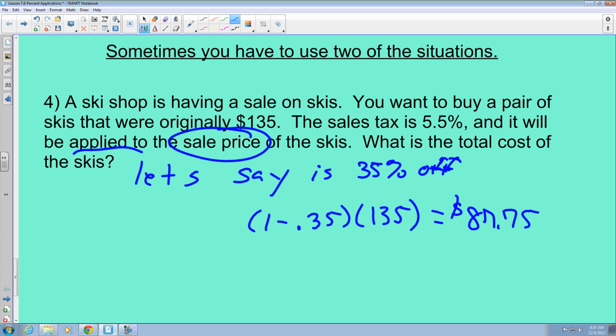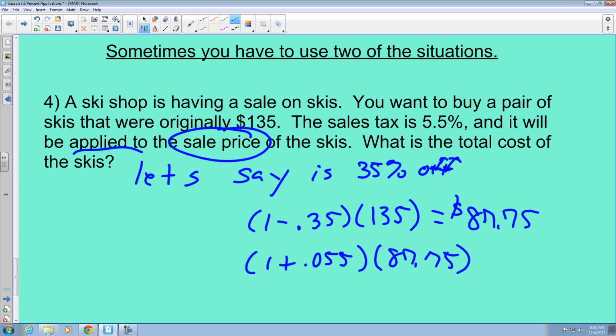$87.75. But we now have to tack on that 5.5% sales tax to the sales price. So now I have to go back and talk about sales tax. This is going to be 1 plus 0.055, and we're not dealing with tips, so we just have that, and then that gets multiplied by the sales price of 87.75.